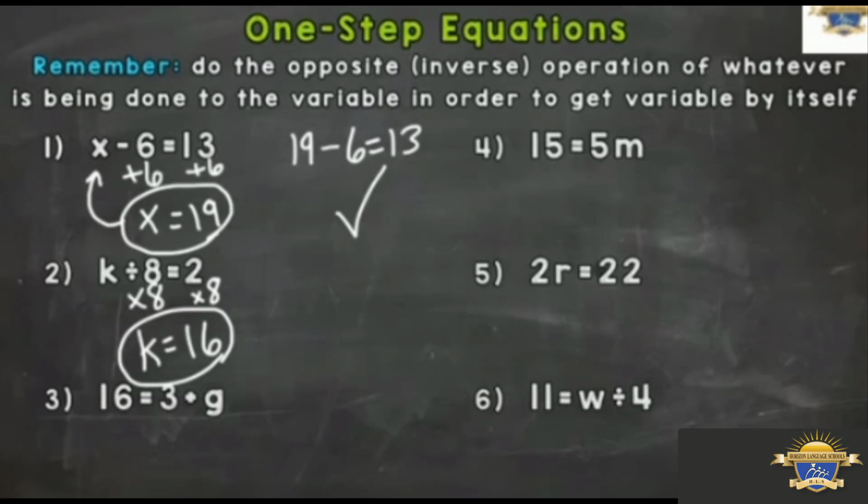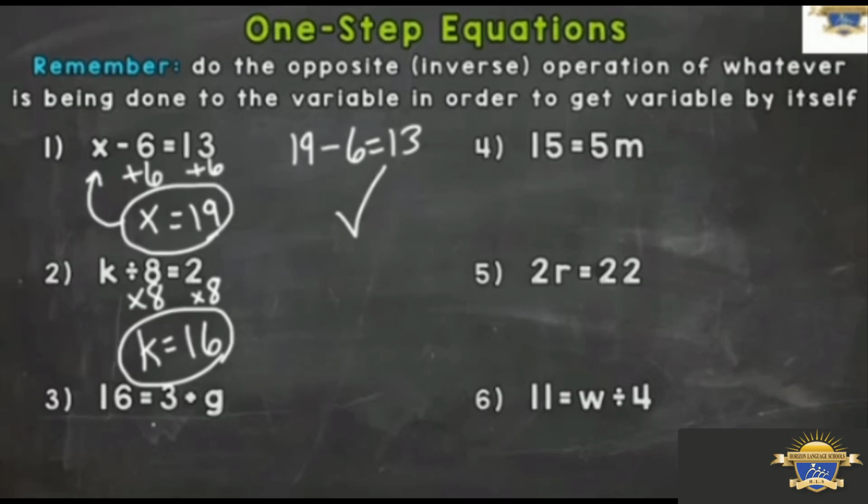Now take a look at number 3. Now we have the answer on the left hand side and our variable is on the right. So here 3 is being added to g, so we need to do the opposite to get g by itself.